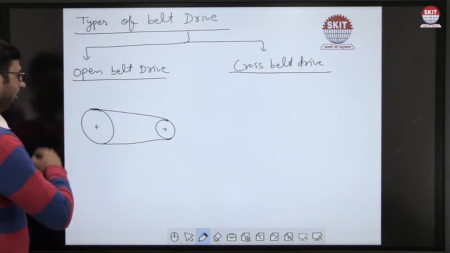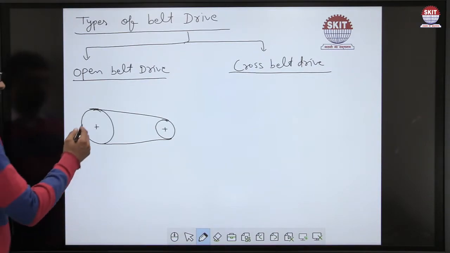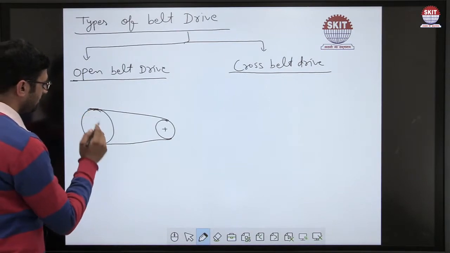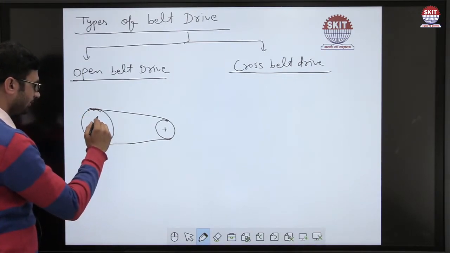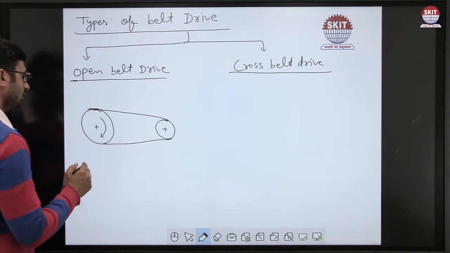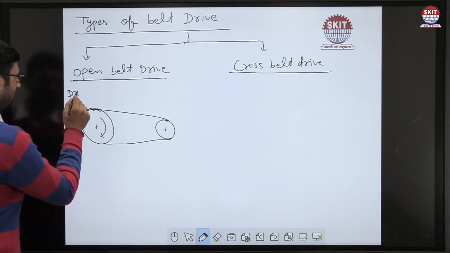Okay, and last class we discussed that of these two pulleys, one is the driver pulley. In the open belt drive, if we supply the power to this pulley in the clockwise direction, then this pulley is known as the driver pulley.